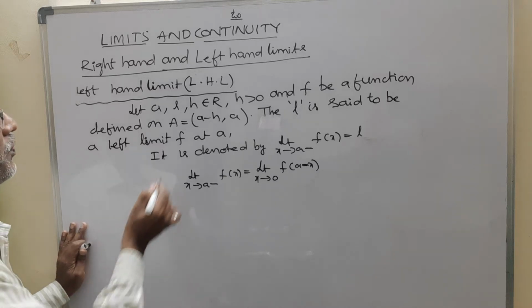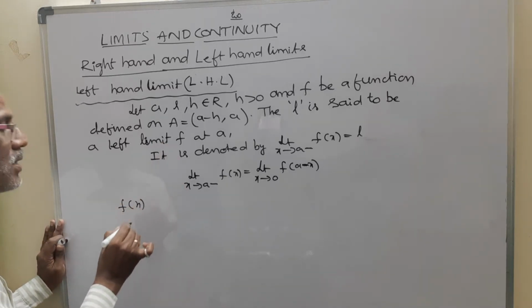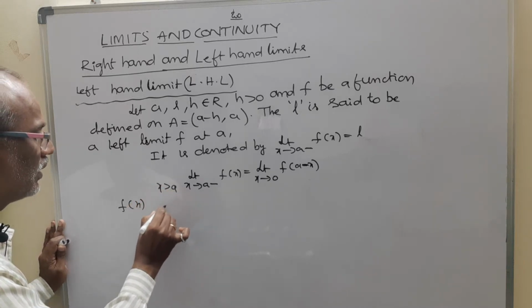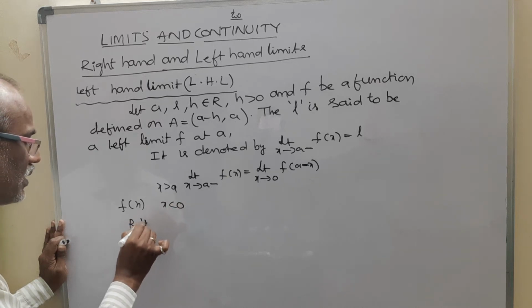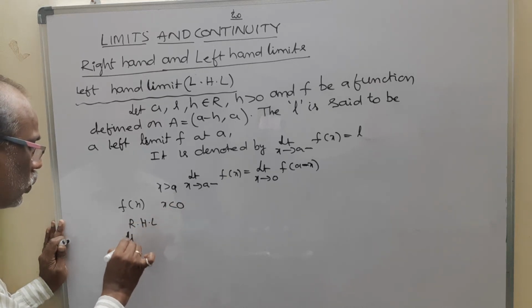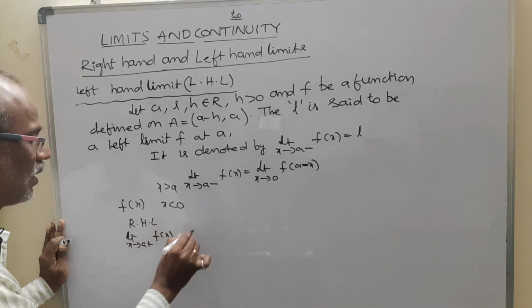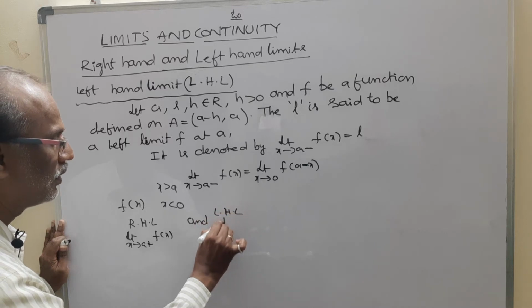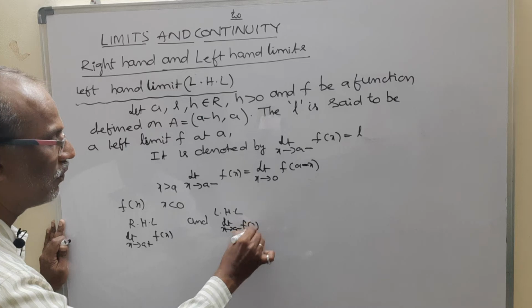A brief explanation of the definition: if f of x has two parts, x greater than a and x less than a, the right hand limit is limit as x tends to a plus of f of x and the left hand limit is limit as x tends to a minus of f of x.